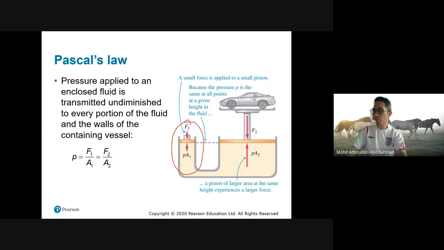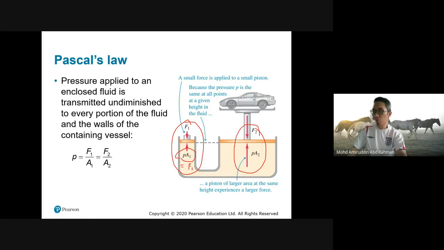So what you can relate is P equals F1 over A1 and also equals F2 over A2. So that's the relationship. What you can observe also over here is that PA1 equals F1.